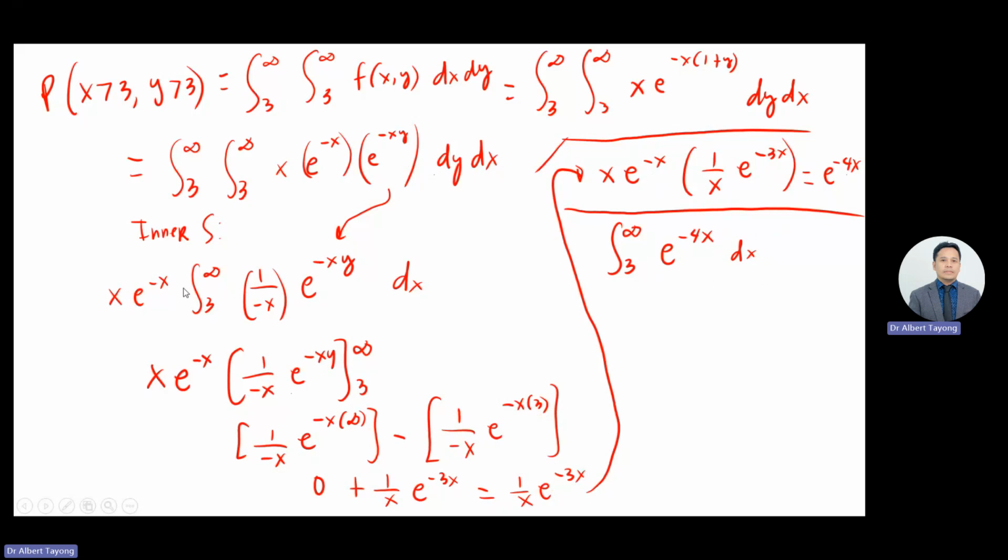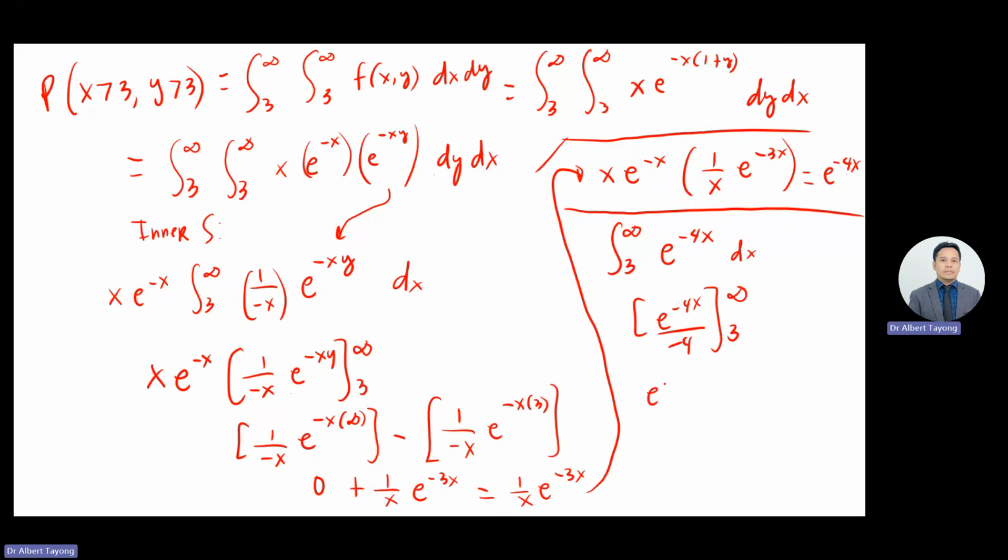And this answer we have to put here. So this is the remaining, the last integral on the left, and dx. So we have to integrate this using again the formula. This is going to be e raised to the power of negative 4x over negative 4, because 1 over k, our k is negative 4, from 3 to positive infinity. So this is negative 1/4 here, and we change this to infinity.